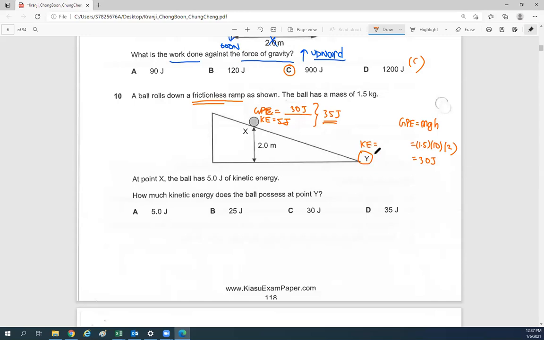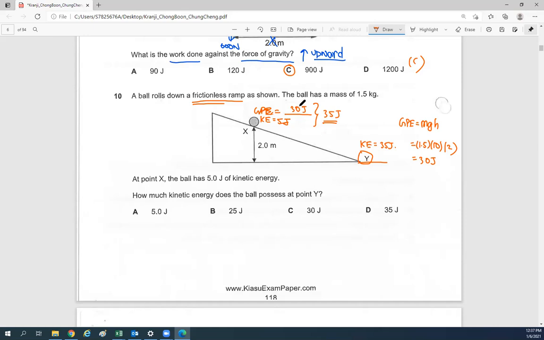Over here, they ask, what is the Ke? Ke is also going to be 35 joules, simply because all the GPE is no more here. There's no more GPE because there's no more height. But it doesn't mean that all the GPE disappears.